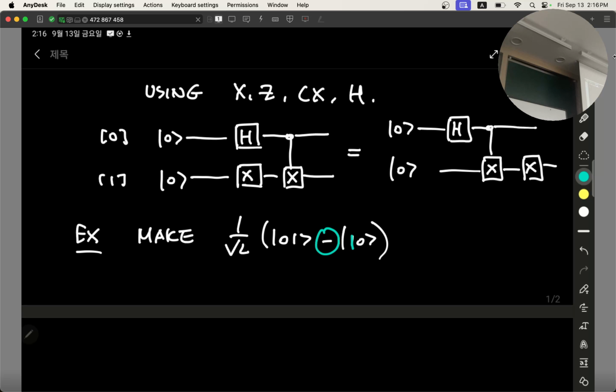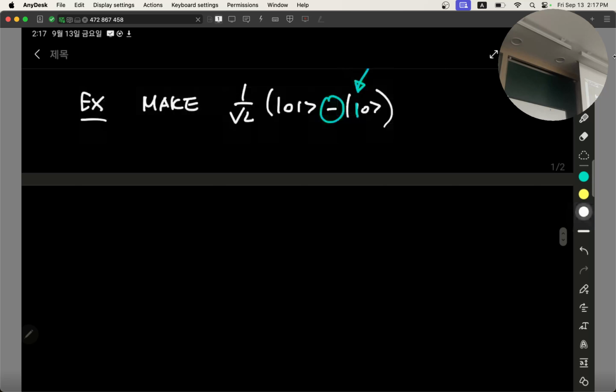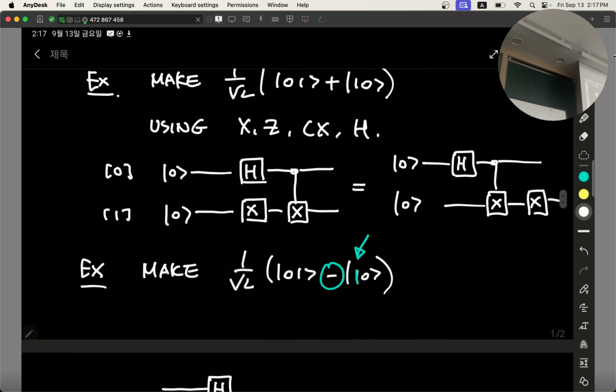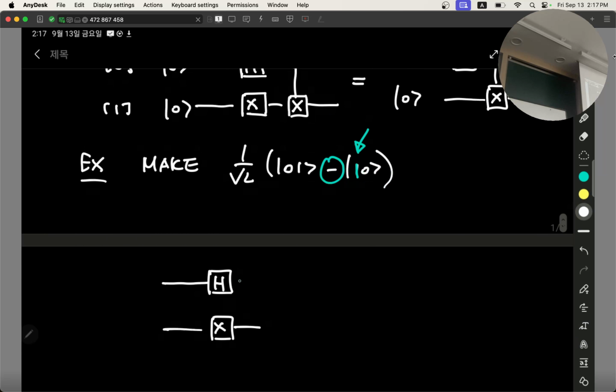So Z gate, right? Z gate flips the phase of ket 1 state. So here we want to flip based on the state of ket 1, qubit 1. So therefore I need to apply Z gate on the qubit 1. So the picture would be here, Hadamard. So you can apply X. So basically you first make this qubit and then flip the phase with Z on the first qubit.